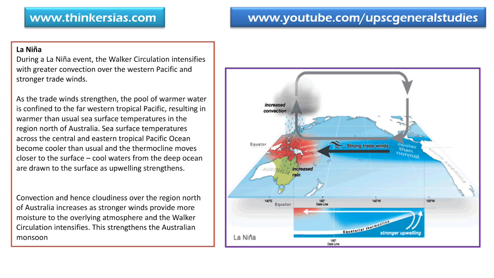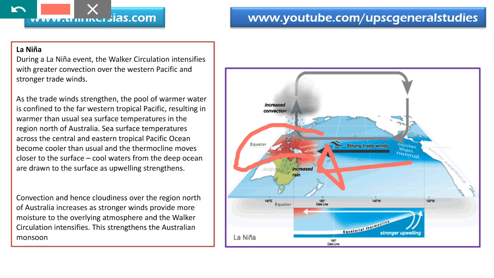During a La Nina event, water circulation intensifies with greater convection over the western Pacific and stronger trade winds. Because of the stronger trade winds, more warm surface water will be shifted towards the western Pacific Ocean, and further to Asian countries as well.